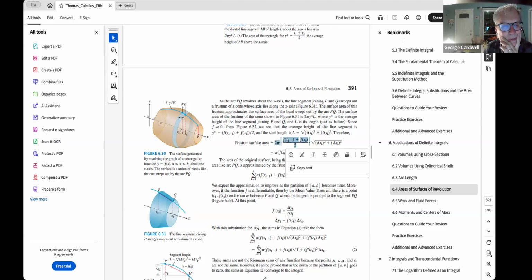He then multiplies it by that distance from P to Q, which is the square root of delta x_k squared plus delta y_k squared, and so forth.